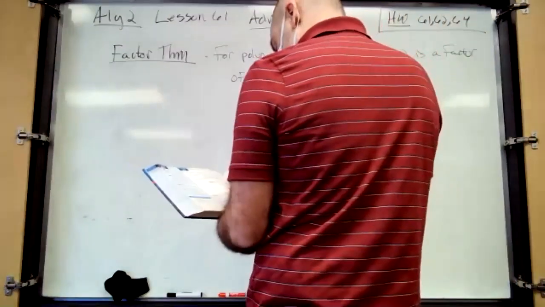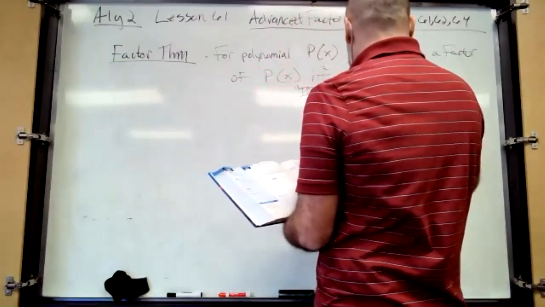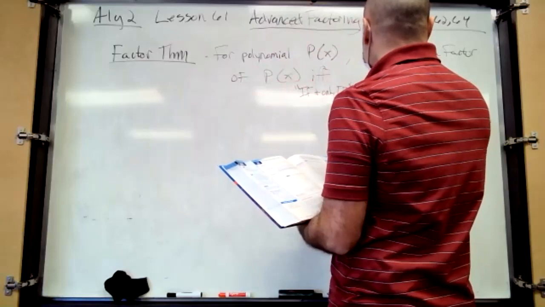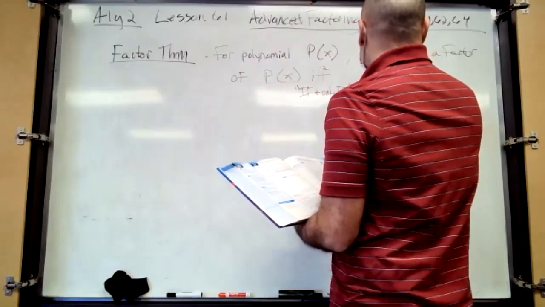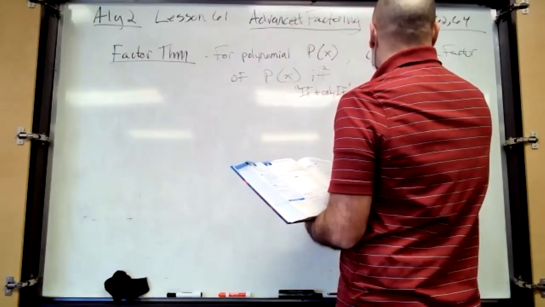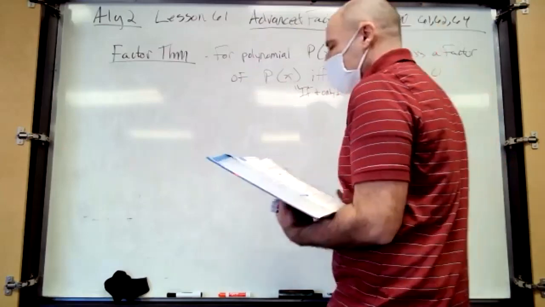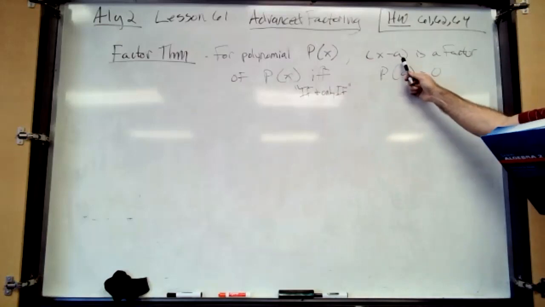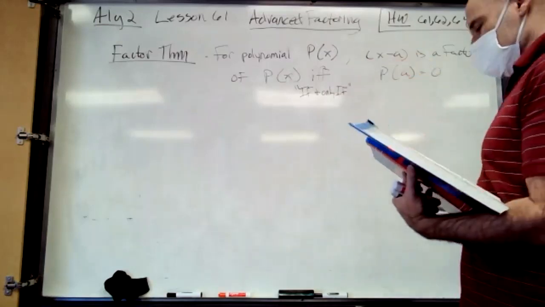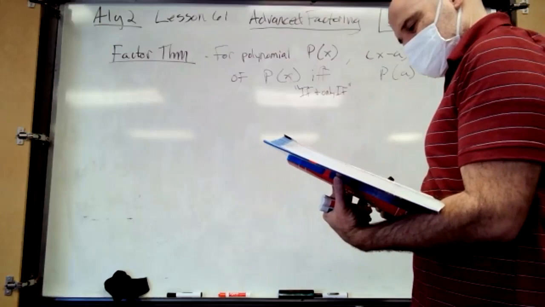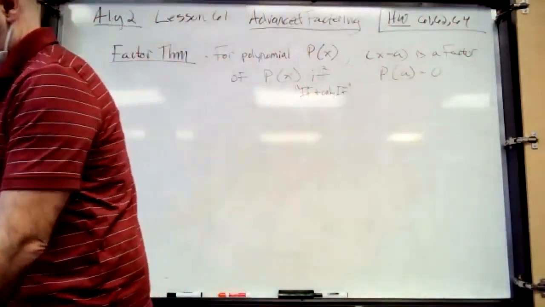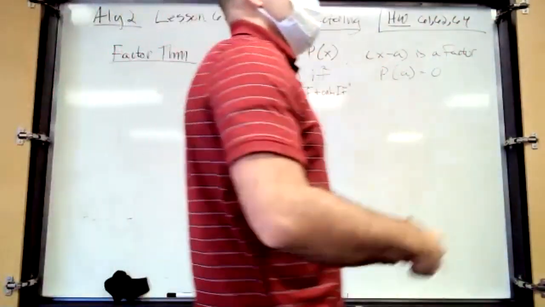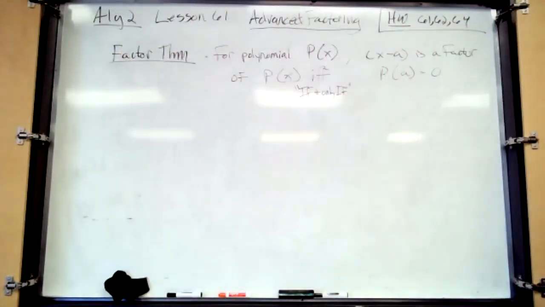So if and only if P of A equals 0. If you plug in A, whatever A is for the polynomial, it's going to give you 0, okay?